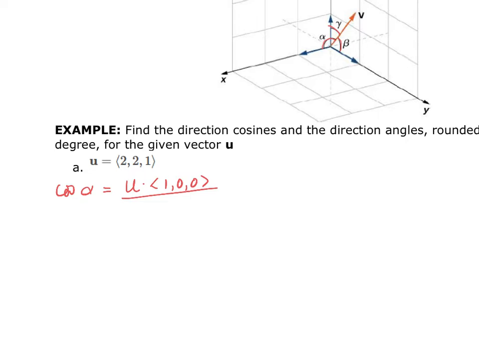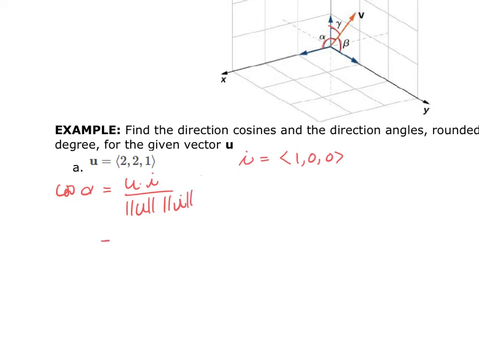So I want to use the unit vector in the x direction. And then it's going to be the magnitudes, well, actually, I'm going to call i equal to 1, 0, 0, because that's in the i direction. So I'm just going to notationally change my mind. It's going to be u dotted with i. These are vectors, the u and the i.